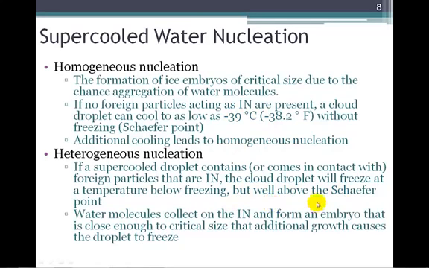It'll be somewhere between there and the freezing point. And then these IN will form the nuclei that causes additional freezing to take place. So once freezing has occurred, it's much easier for it to continue to develop.